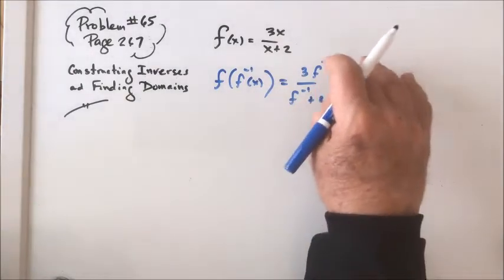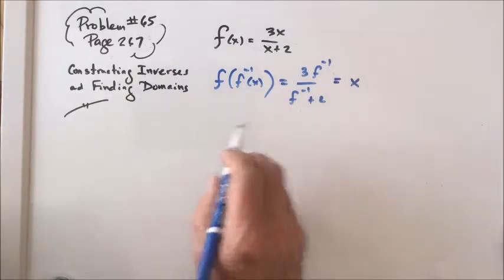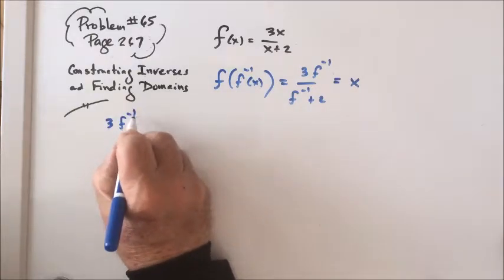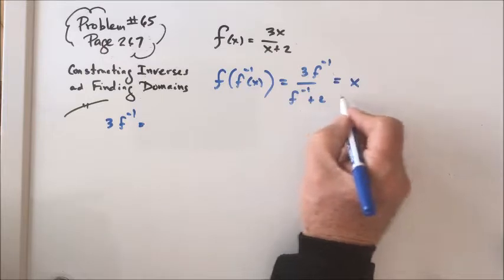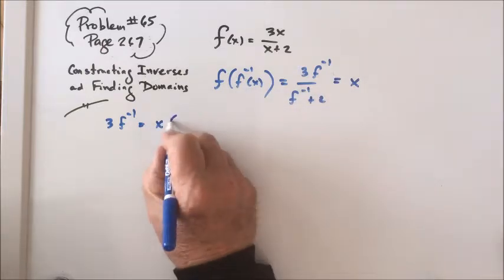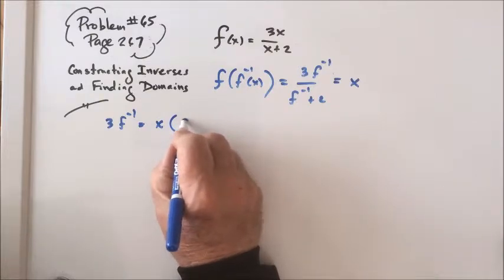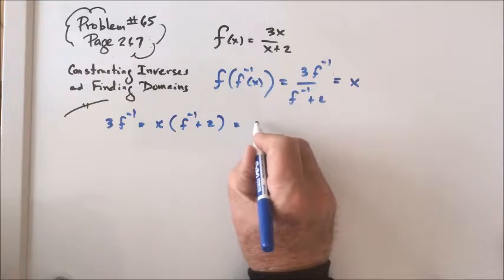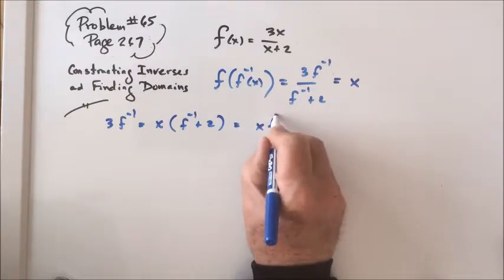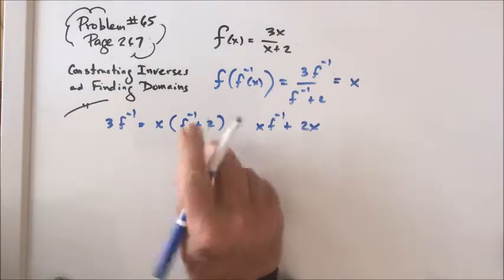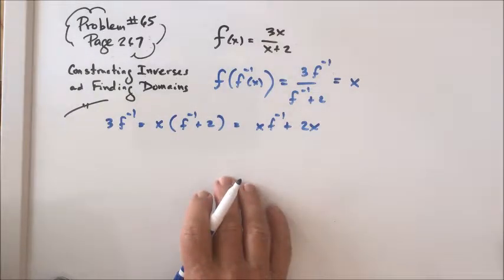And all we're left to do now is solve this equation for f to the minus 1. 3 f to the minus 1 is equal to, if I multiply both sides by this quantity down here, here's the x, here is the f to the minus 1 plus 2. That's equal to x times f to the minus 1 plus 2x when I distribute this x across this sum.